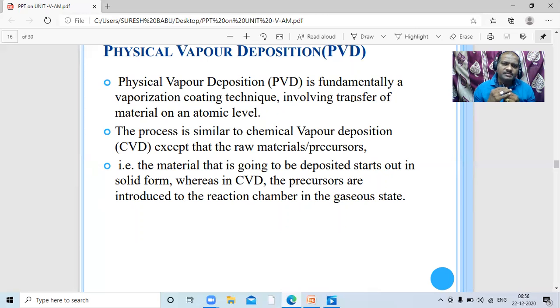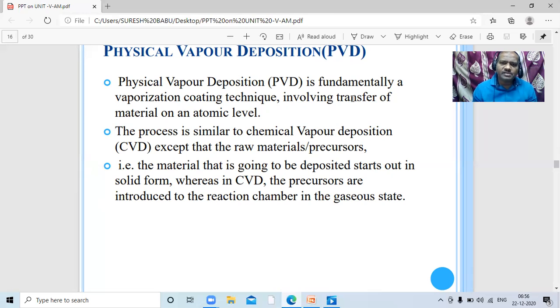Next, the process is similar to chemical vapor deposition, except that the raw materials are solid, that is, the material that is going to be deposited starts out in solid form, whereas in CVD the precursors are introduced to the reaction chamber in a gaseous state.